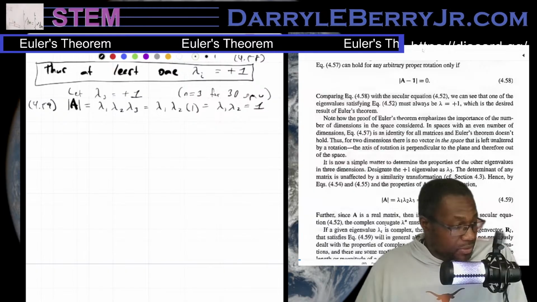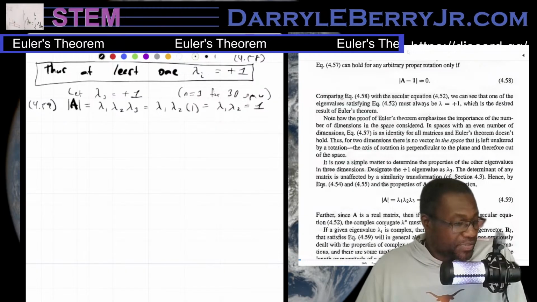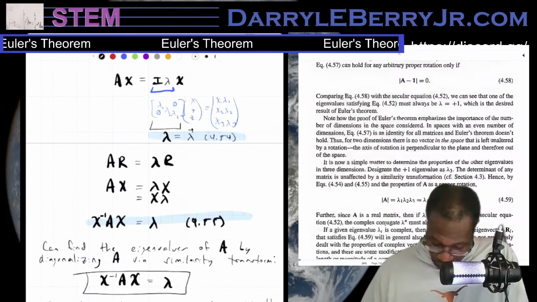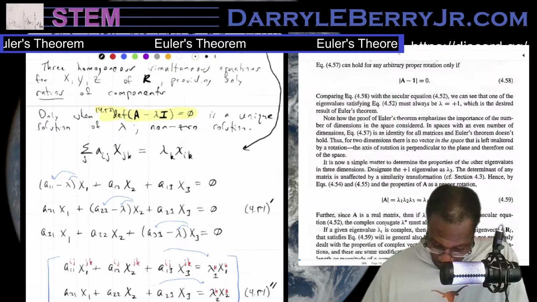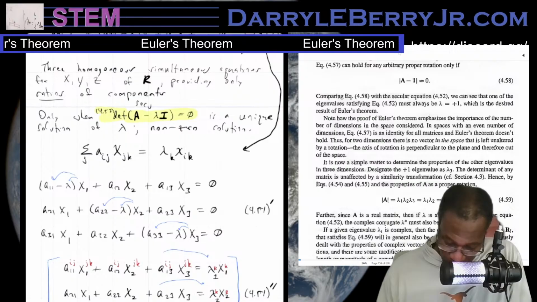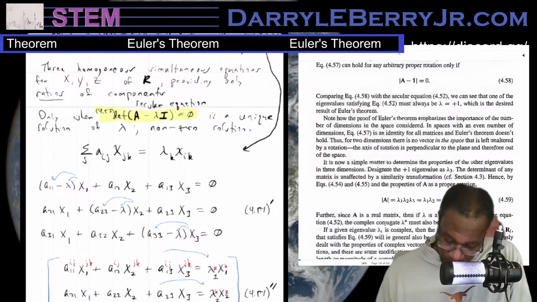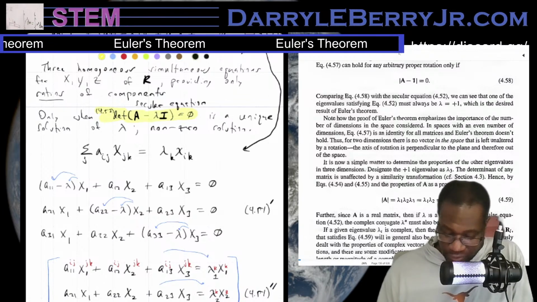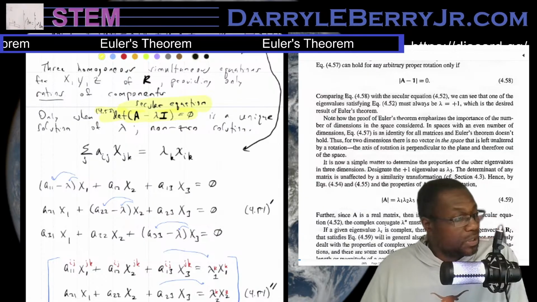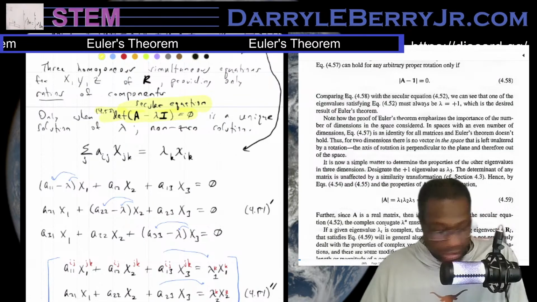Further, since A is a real matrix, then if lambda is a solution of the secular equation 4.52, the complex conjugate must also be a solution. Looks like secular equation was the word I was looking for in the last video.